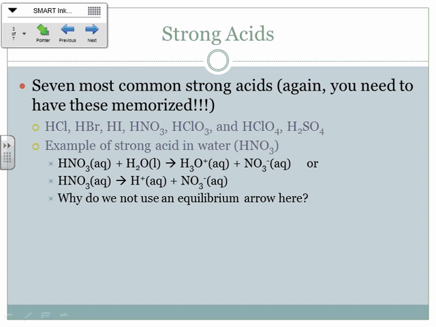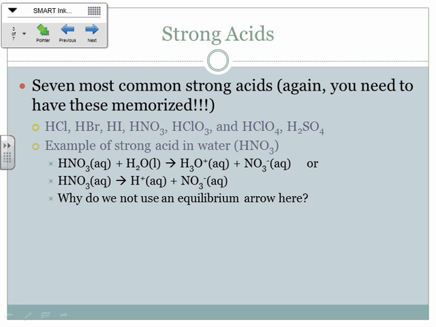Just bringing this back, because I'm sure you've brushed up on this from time to time. There are 7 strong acids you need to know: HCl, HBr, HI. I actually forgot HI was one, but it is. Then HNO3, HClO3, HClO4, and H2SO4.